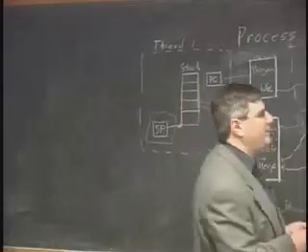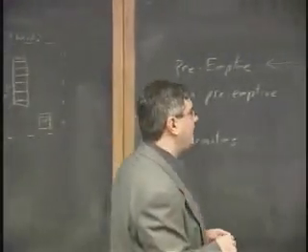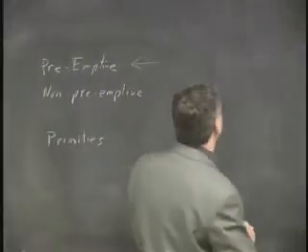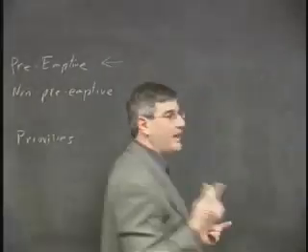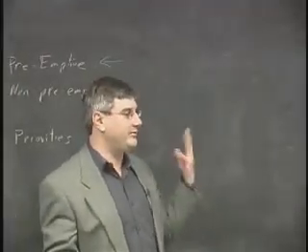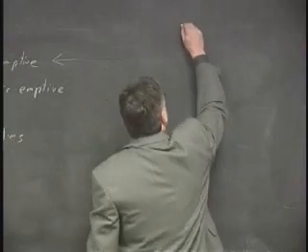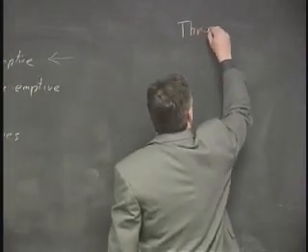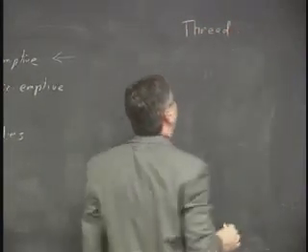So how do we make a thread in Java? It turns out that this is pretty easy. There is a class or an interface. They give you two choices. The class is called Thread, naturally.